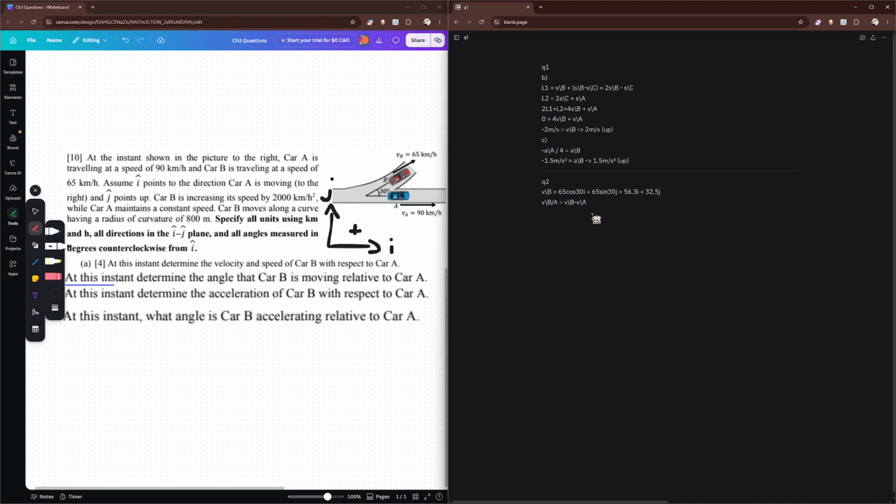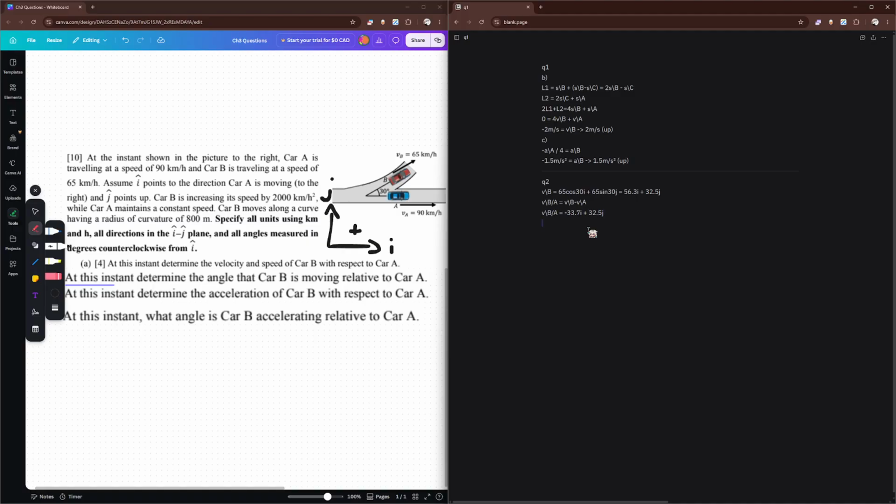VA is 90 kilometers I. So we're just going to have 56.3 minus 90, and then 0 minus 32.5. So VBA is equal to 56.3 minus 90, which is negative 33.7 I, and sorry, this is plus 32.5 J, because this is not on car A, this is on car B. So yeah, that is VBA.